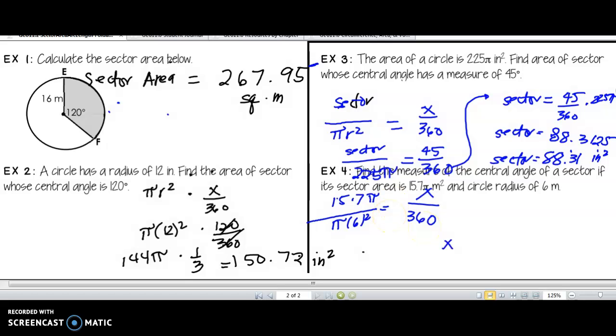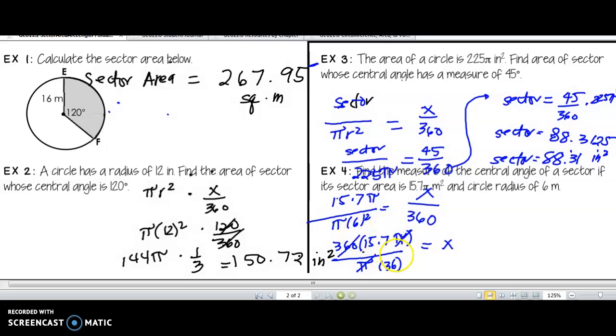So x will be equal to 360 times 15.7 pi over pi times 6 squared, and 6 squared is 36. The pi on top and the pi at the bottom cancel out.